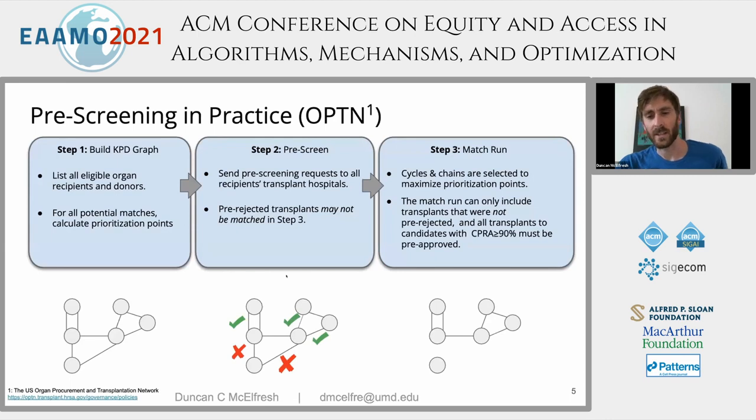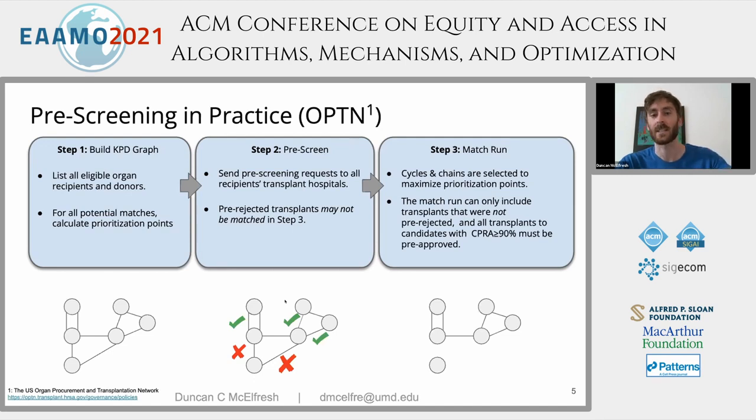One way to avoid these edge failures is through pre-screening. In practice, pre-screening looks like this. We start out by building our directed graph by listing all of our patients and donors. We also calculate some value for each of the transplants. In the second step, we send out a request for all of the recipients in this market to pre-screen potential transplants.